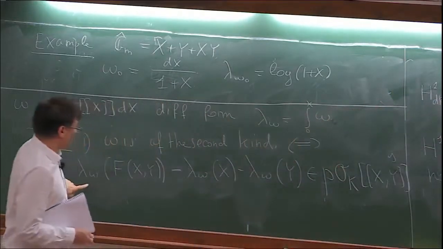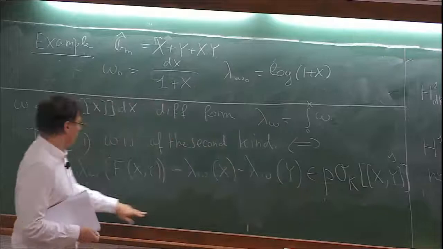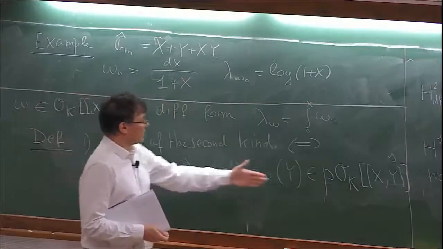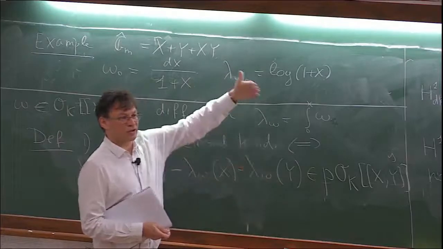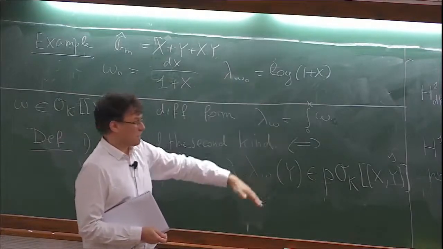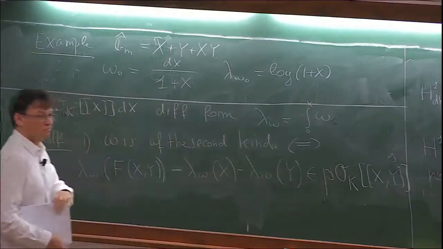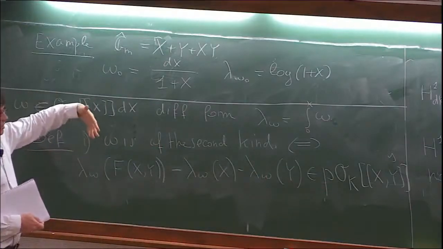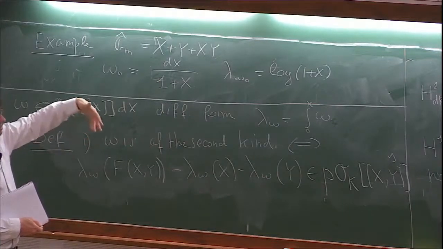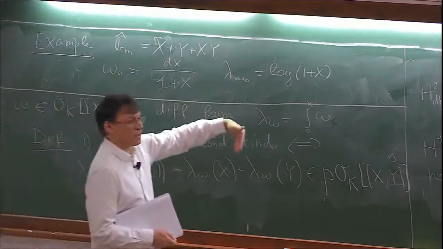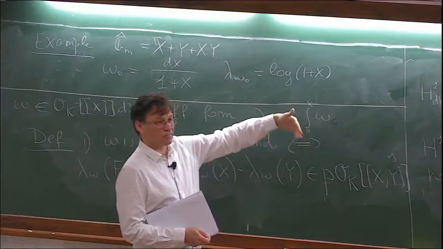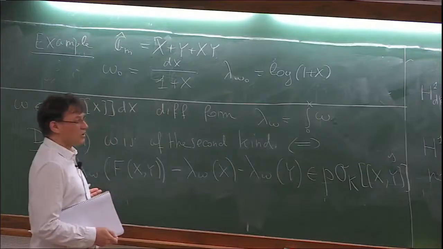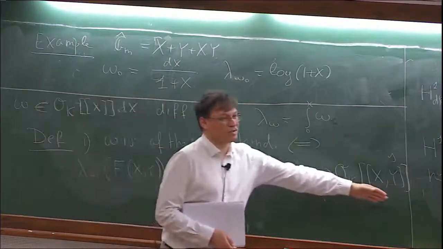Then if we form this object, we take the primitive and take the same object, it is a periodic function. Another explanation is that crystalline theory should control the behavior of objects mod p. So we consider the logarithm property, but mod p.